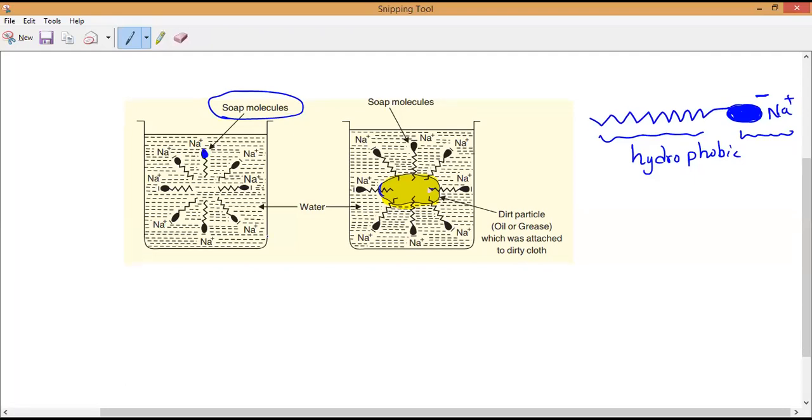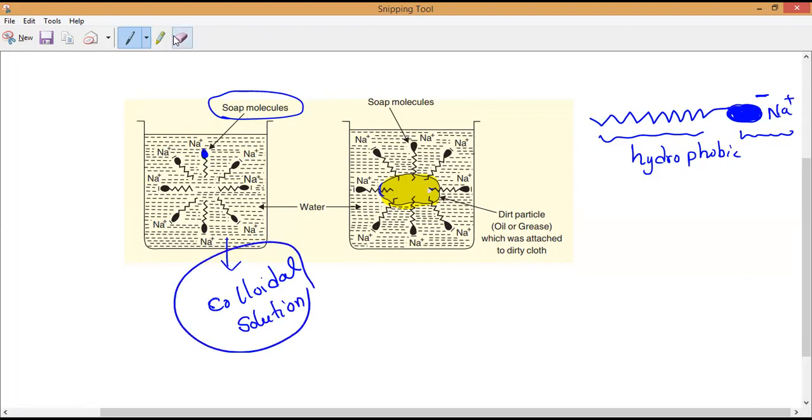Okay, I will explain this entire process. Observe very carefully. When soap is dissolved in water, it forms a kind of solution. We will study this in chemistry, class 9. What is the solution called? When soap is dissolved in water, the solution formed is called a colloidal solution. Do you understand, everybody? Because soap dissolves and segregates into smaller particles of molecules.